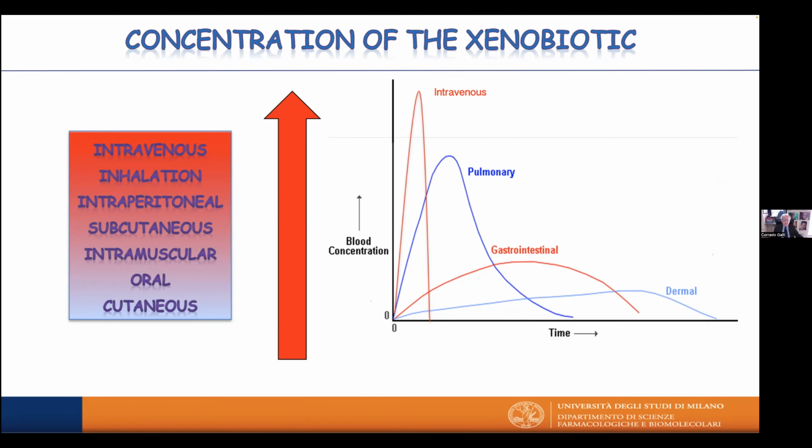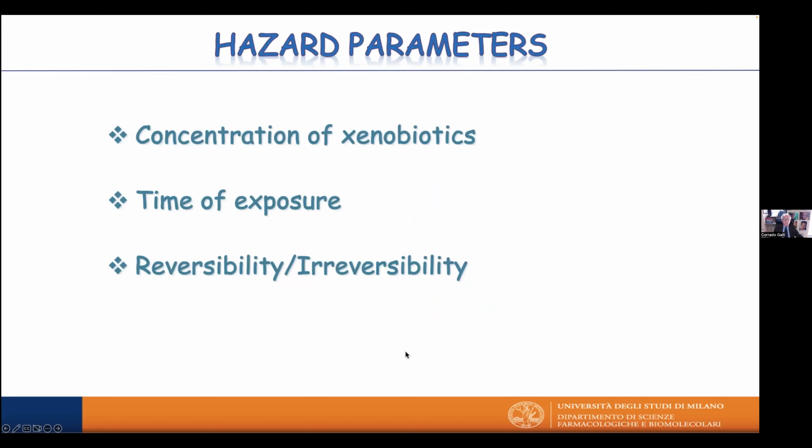You see in this graphic the bioavailability of chemicals through different routes. With intravenous, you have very quick absorption and very quick excretion. Inhalation, gastrointestinal, and dermal have different absorption. So that is something that one has to consider.